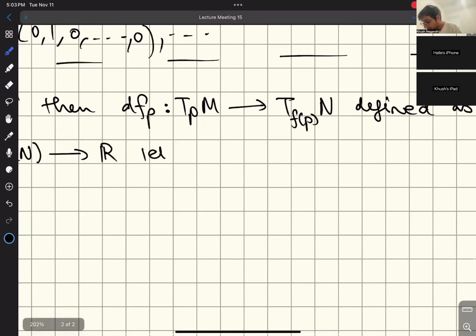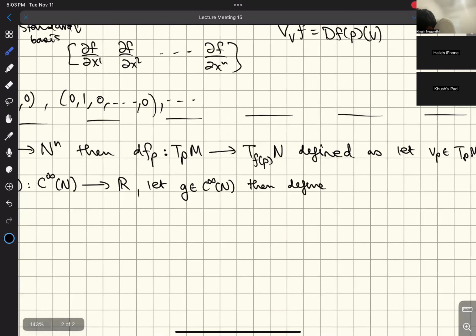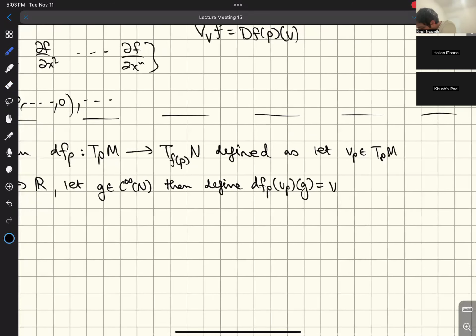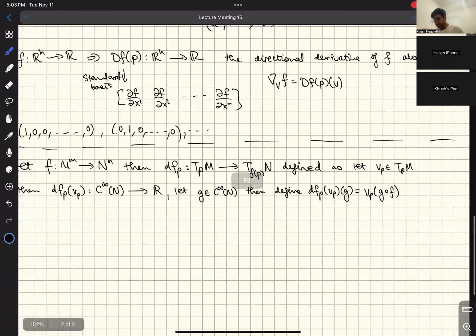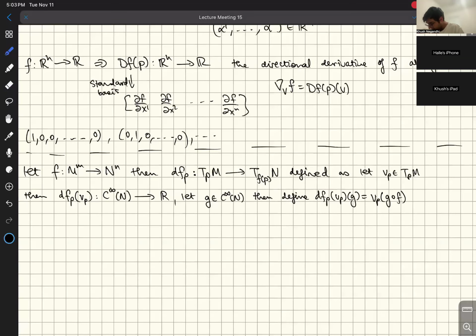So let G be a smooth function on N. Then define df_P(VP) at G to be VP of G composed with F. Let's see that this definition makes sense.